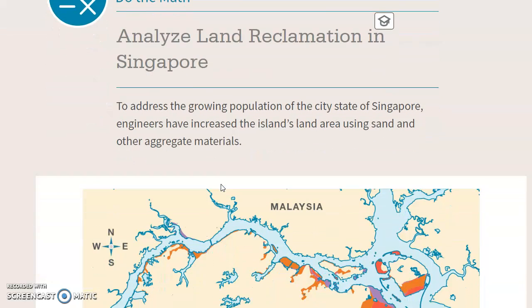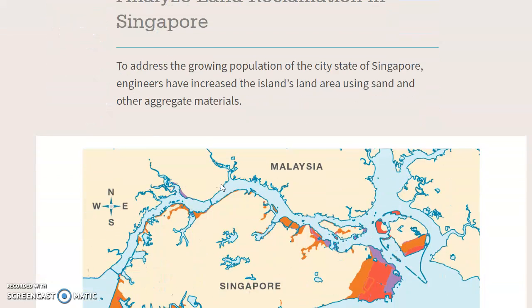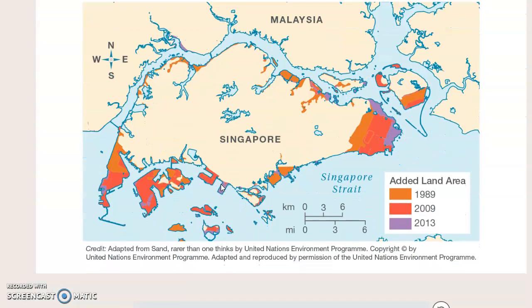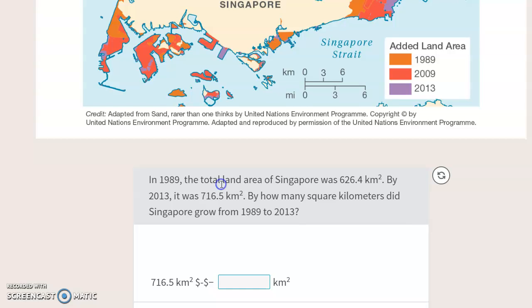Okay, now we're going to do some math talking about getting land in Singapore and how they've had to use a lot of the area for sand and different things. So the total area was 626.4. In 2013, it was 716.5. How much did it grow? So they're giving you hints here. If you start at 716.5 and they want the difference, that means subtract.